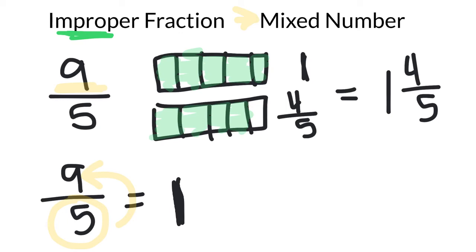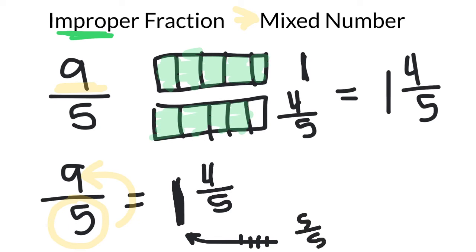So far, I've used 5/5. 5, 6, 7, 8, 9. 4/5 would be left. My one whole, you can think of the one whole as signifying 5/5. 5/5 plus 4/5 would give me what I started with, which is my 9/5. So you can decide what works better for your brain.